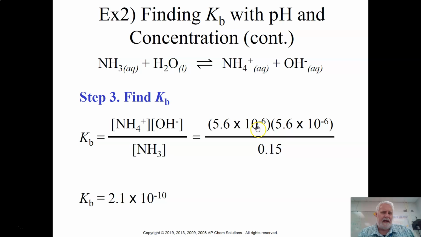We worked hard now to figure out what the OH was, and it would be the same as the NH4, and then you divide it by the original 0.15, which is unscathed mathematically by these small amounts. So Kb equals 2.1 times 10 to the minus 10, and that's just crunching these numbers here. And that's how you figure out a Kb.